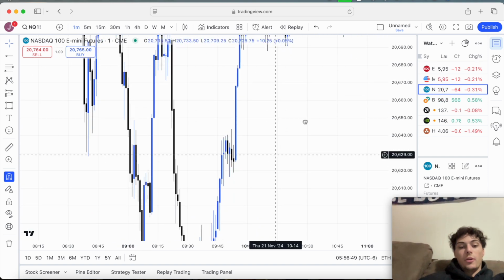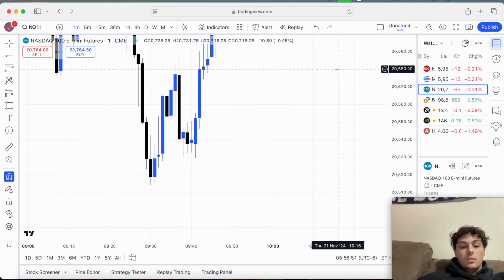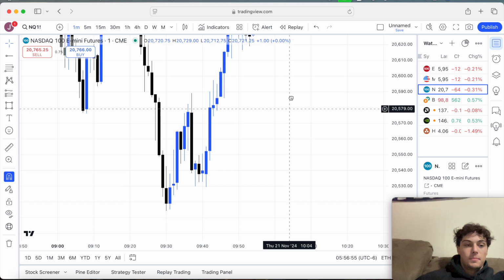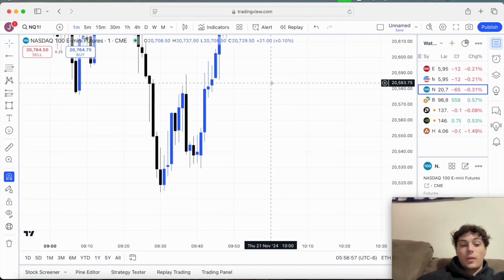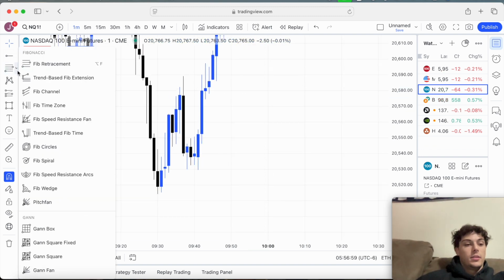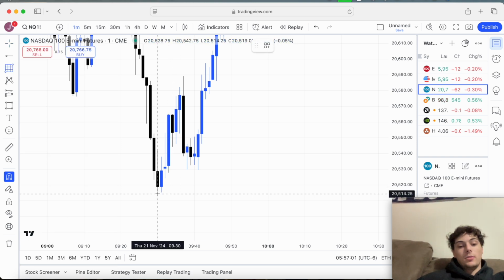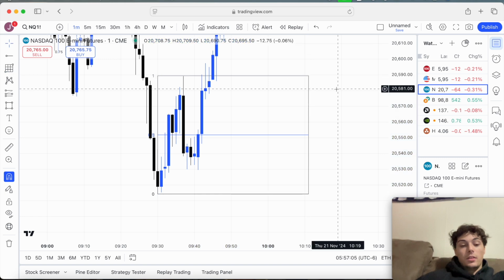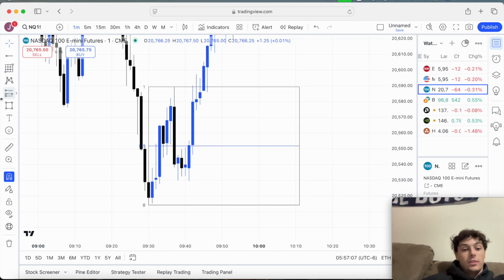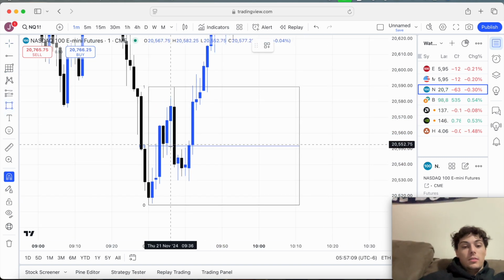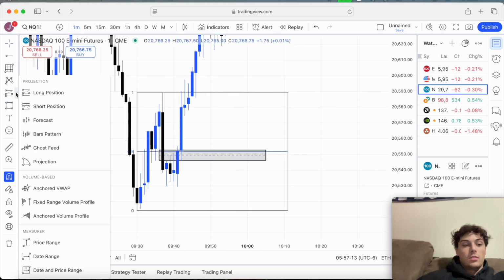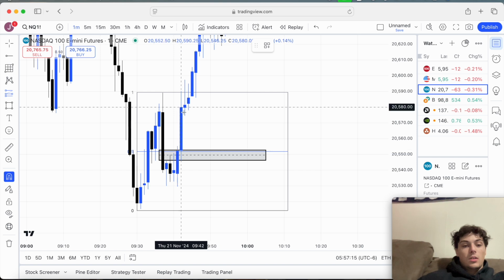For example, if we go down here, so let's see here. There's obviously no trades right here. There's no fair value gaps, no nothing. But if you were to be like, okay, I'm trading whenever it hits equilibrium, if it breaks structure right here, I'm going to get in.